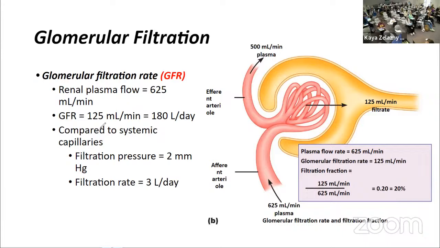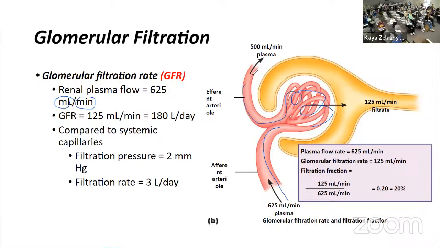That wouldn't work. So our renal plasma flow, the blood going to the kidney, is about 625 milliliters per minute. These are typical numbers, okay? So 625 milliliters per minute come in and start doing their thing, flowing around, okay?